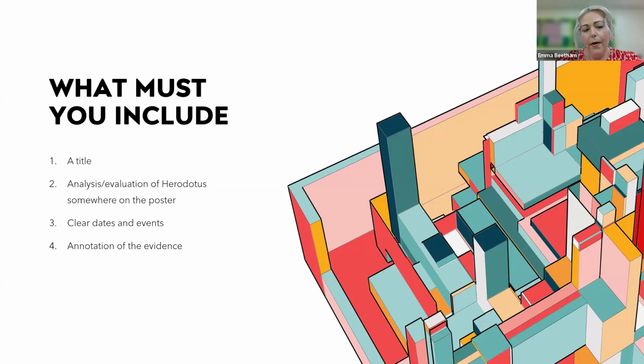They had to include some analysis and evaluation of Herodotus, so they could remember what makes that particular piece reliable or unreliable, the usual thing. What is he saying? How is he presenting the Persians, or the Spartans, or whatever it might have been? They had to try, if they could remember, some clear dates and what event, and then annotation as well. So I asked them to underline things and make some annotations.